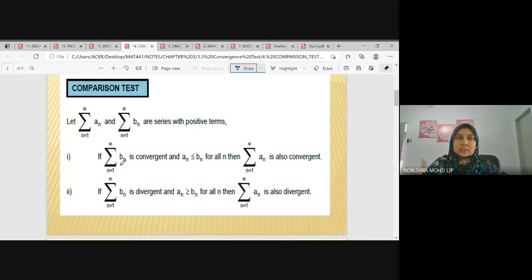If the series of bn is convergent and an is less than or equal to bn for all n, then the series of an is also convergent. If the series of bn is divergent and an is greater than or equal to bn for all n, then the series of an is also divergent.